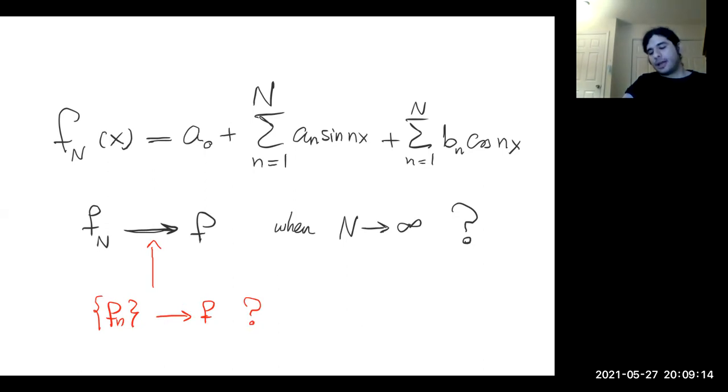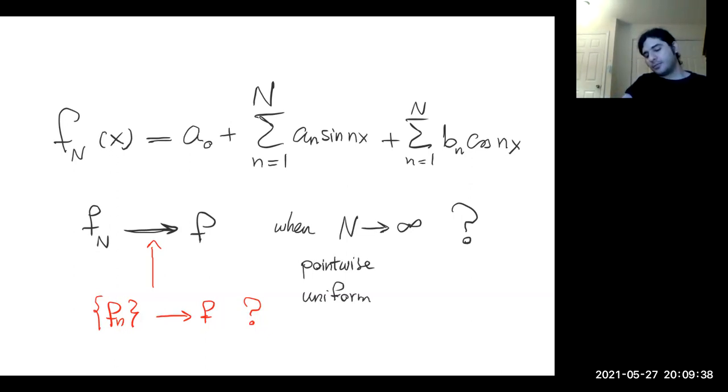What do we mean by that? And the answer is, there is no unique answer. There are different ways of convergence. There are different definitions for a sequence of functions converging to another one. There is pointwise convergence, there is uniform convergence, and there are more complicated types of convergence.